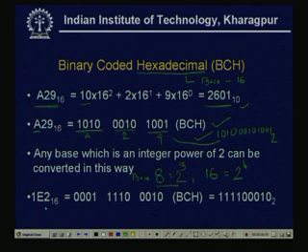If we see another example, 1E2 in hexadecimal, then 1 is represented by 4 binary bits, E means 14 is represented by 4 bits and 2 is represented by 4 bits. This is called BCH. And what will be the binary? Here there are 3 leading zeros.